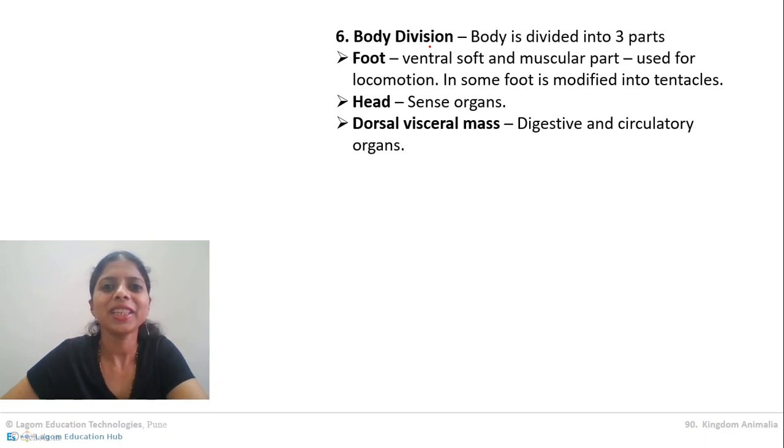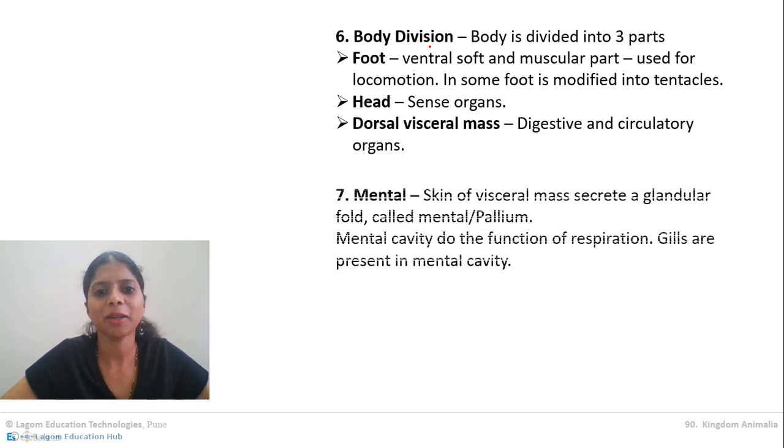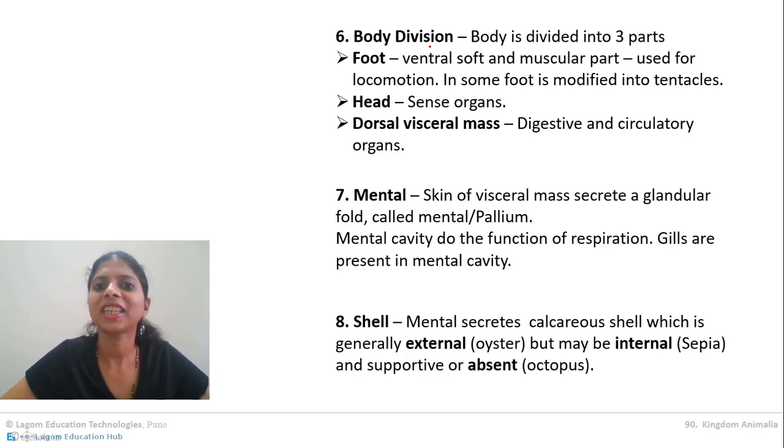Correct. Next is body division, 3 divisions: foot, head and dorsal visceral mass. Next, the mantle cavity secretes the shell. The shell is either internal as in sepia, or external as in oysters and snails, or even entirely absent as in octopus.